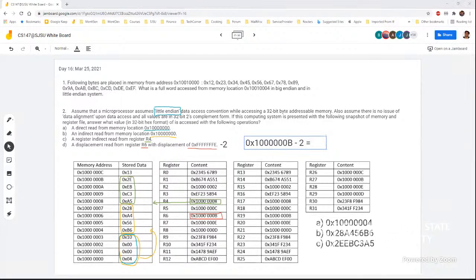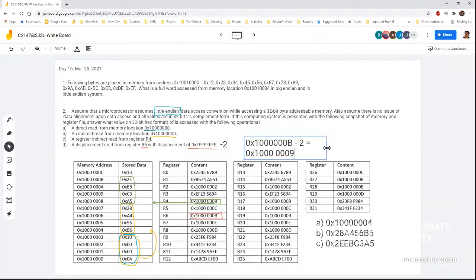Let me try that out: 1000000b minus 2. Yeah, 1009, so 01000009.